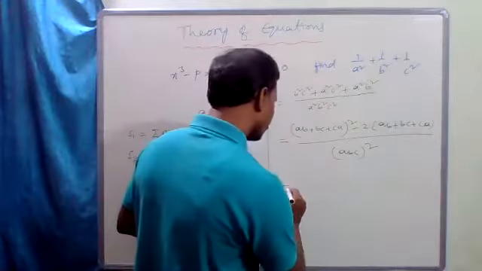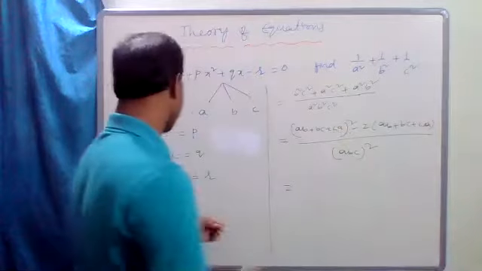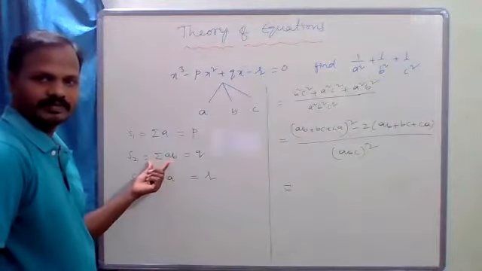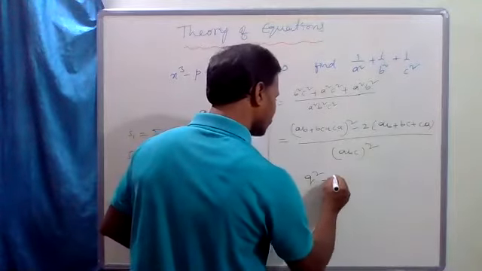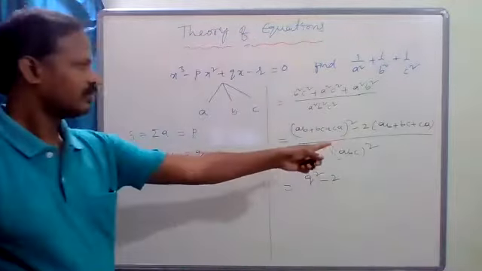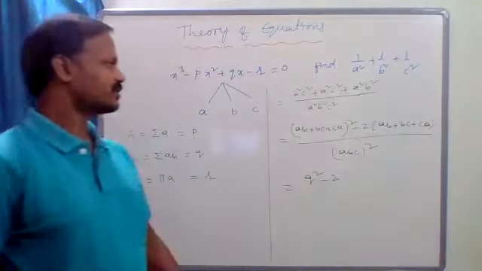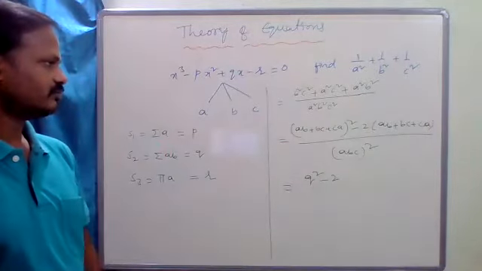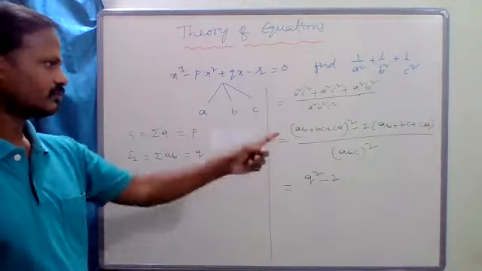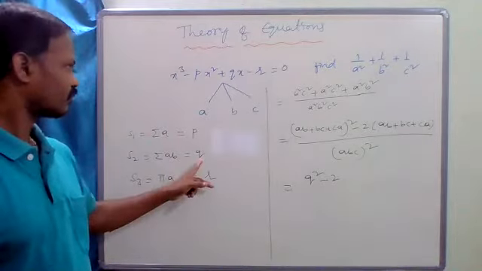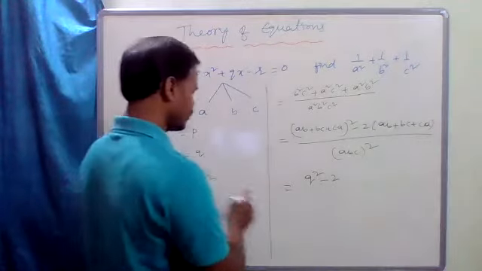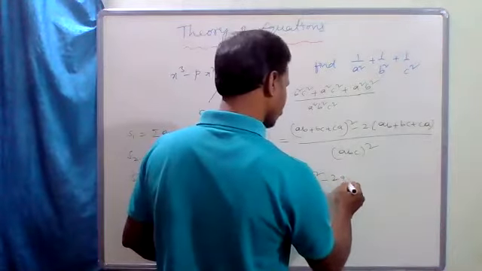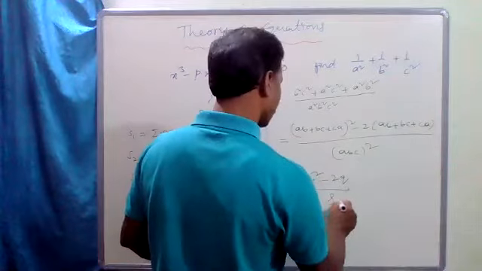So ab plus bc plus ca is nothing but sigma ab, which is equal to q square minus 2 into (ab plus bc plus ca), which is q, by abc, which is r.